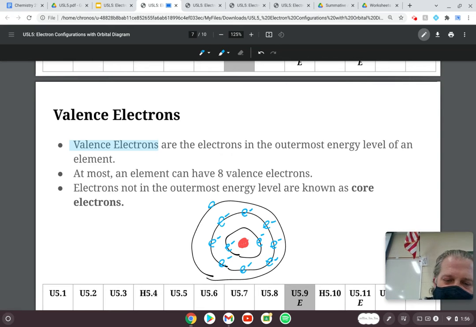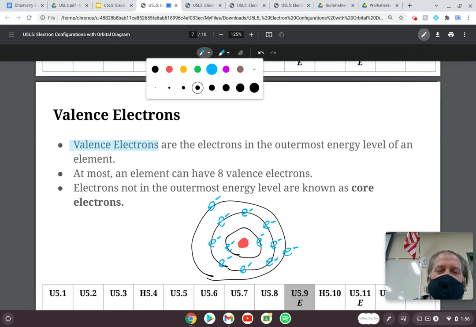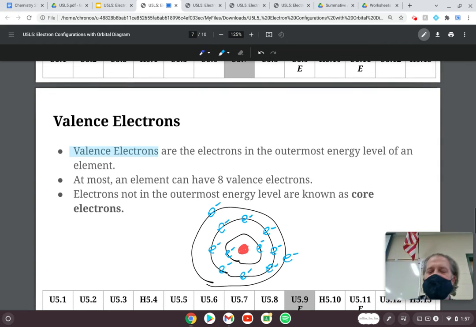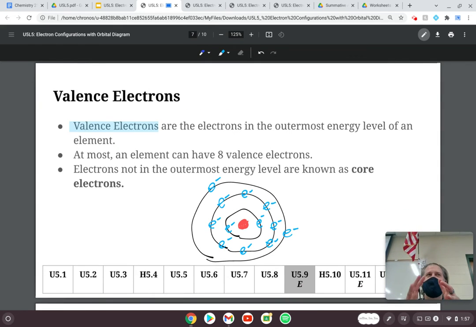And then I'm going to put like 2 here. Now, with this drawing, it might be pretty easy to identify the actual number of valence electrons because it's the electrons that are on the energy level furthest away from the nucleus of the atom. So in this case, you might identify that there are 2 valence electrons.